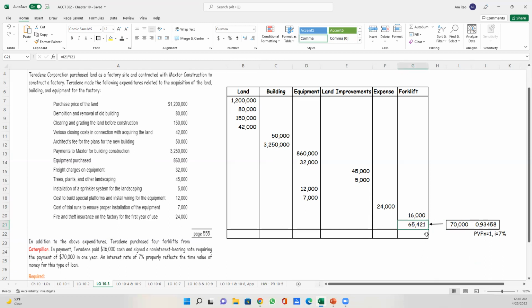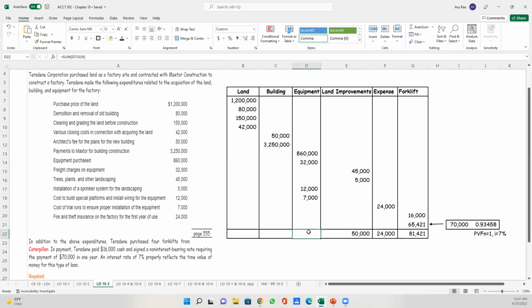So let's start here from the last asset and work our way backwards. For the 4 forklifts, I paid 16,000 in cash. The note payable has a present value of 65,421. And so this asset is going to be debited 81,421. I add up these two numbers. I have only one expense over here, so I can just write that number down. Land improvements, the total is 50,000.